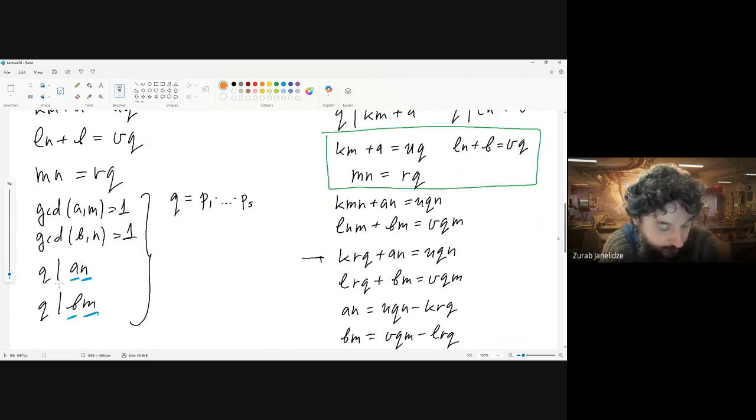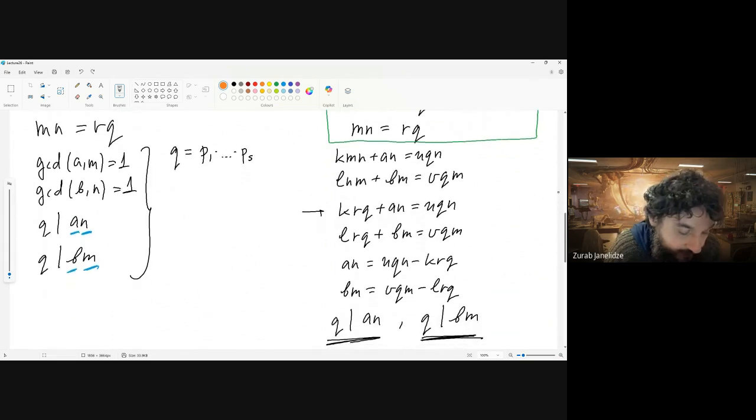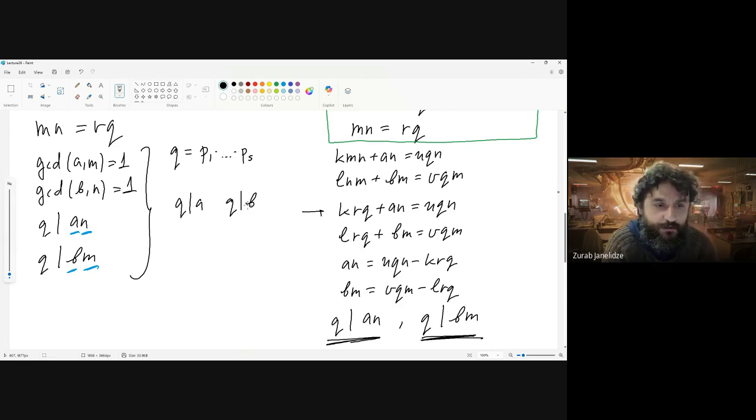From these facts we can derive that Q must divide A and also Q must divide B. Now A and B themselves are not necessarily coprime, right?